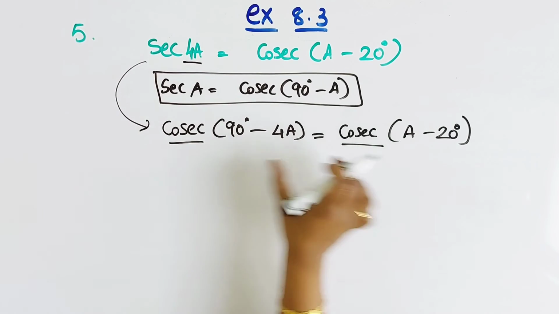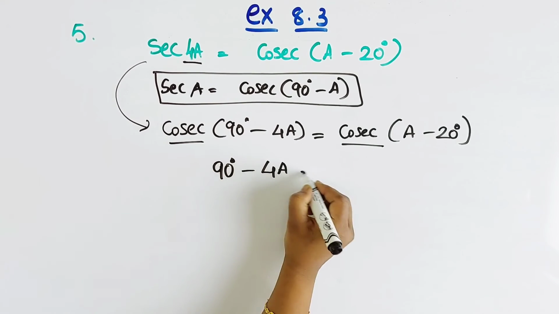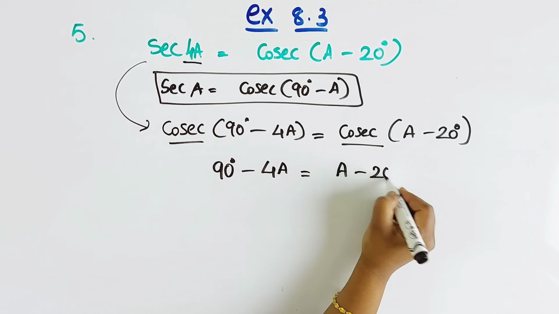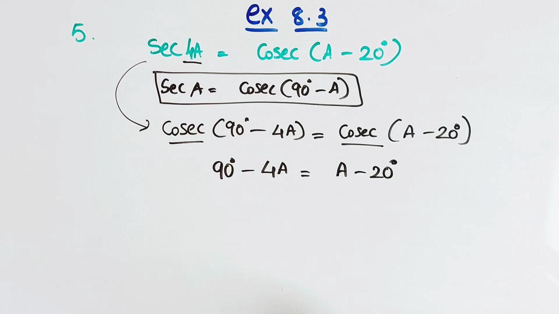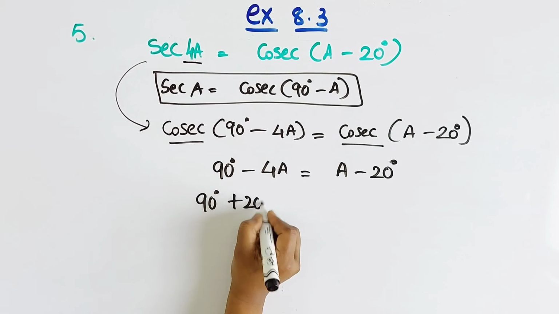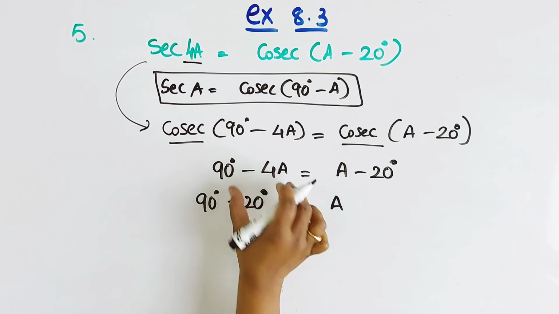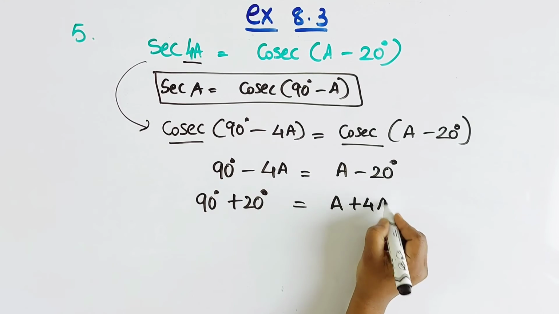Let's make these two terms equal. So 90 degrees minus 4A equals A minus 20 degrees. Correct, children? Let's send this minus 20 to this side. 90 degrees minus 20 will be plus 20 degrees, 90 plus 20, 110 degrees. Let the A stay here, and minus 4A will be plus 4A here.